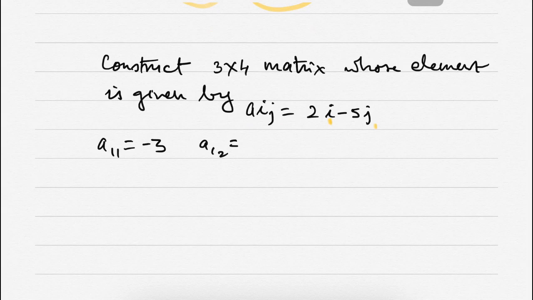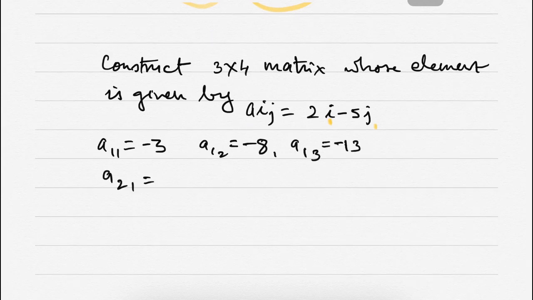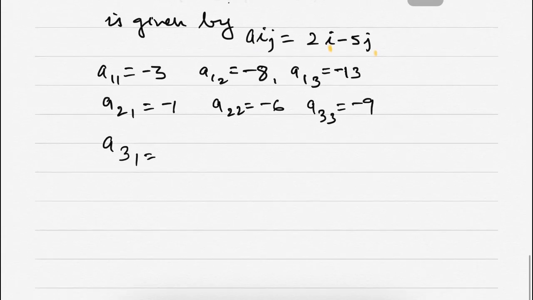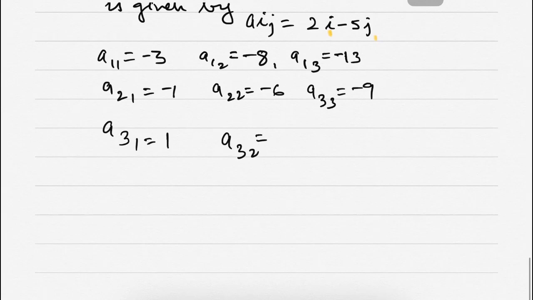A12: putting i equal to 1 and j equal to 2, it will be minus 8. A13, A21, A22 will be equal to minus 6. A33 will be equal to minus 9. A31 is equal to 1. A32, A34.